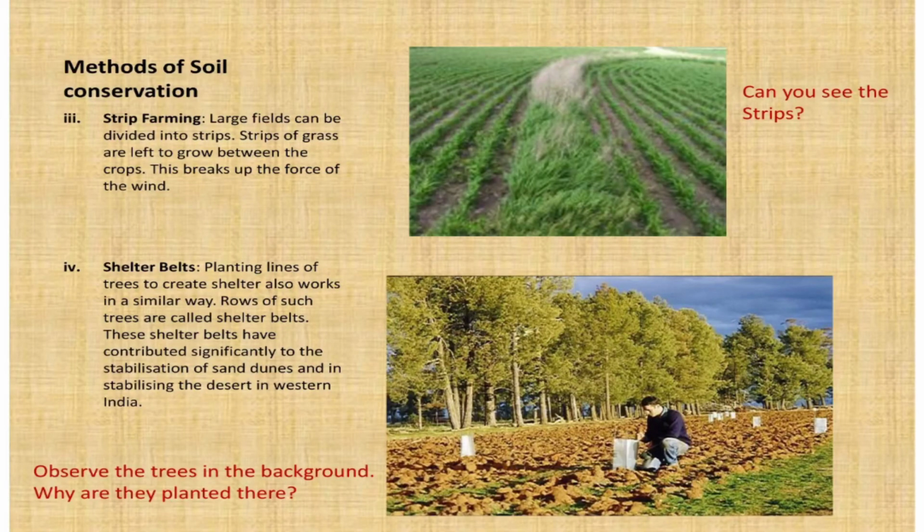Planting lines of trees to create shelter also works in a similar way. Rows of such trees are called shelter belts, and these shelter belts have contributed significantly to the stabilization of sand dunes and in stabilizing the desert in western India.